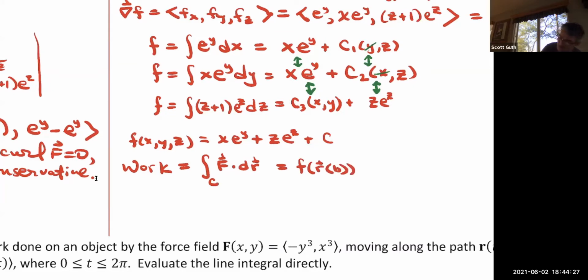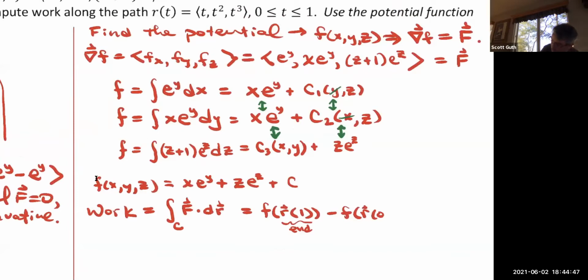Now b is the endpoint, so I'll just put a 1 here, r of 1. This is the endpoint. Minus f at r of 0. I think t is going from 0 to 1, right? Yeah. So r of 0, that's the start point.